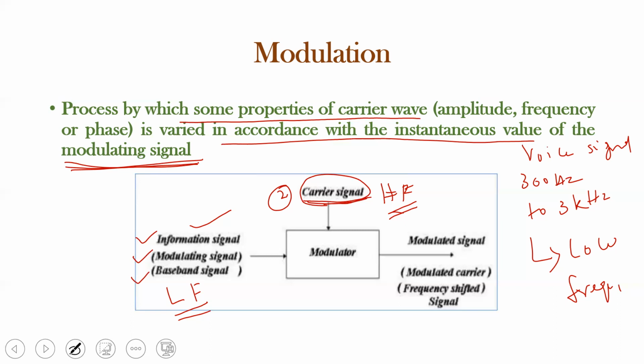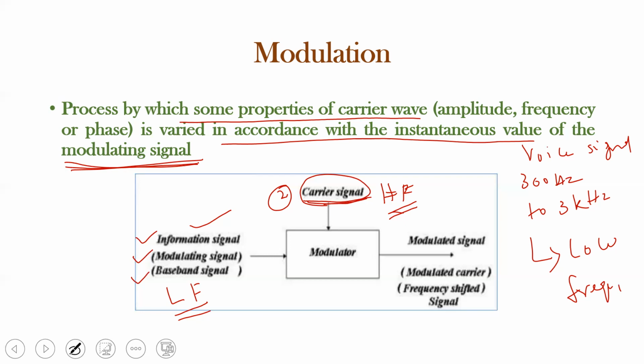According to the instantaneous changes in the modulating signal, we have to change either the amplitude of the carrier, the frequency of the carrier, or the phase of the carrier. So this is the basic definition of modulation: some properties of the carrier will be changed according to the instantaneous value of the message.